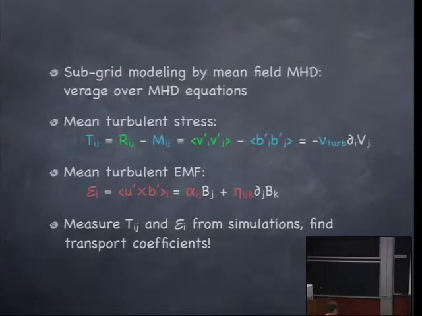It's called the mean field turbulent EMF, which is just like this. But this is what the dynamo people always talk about, the alpha effect and how do you call it? This is the turbulent resistivity. So what we want to do is to measure this quantity by doing local simulation.